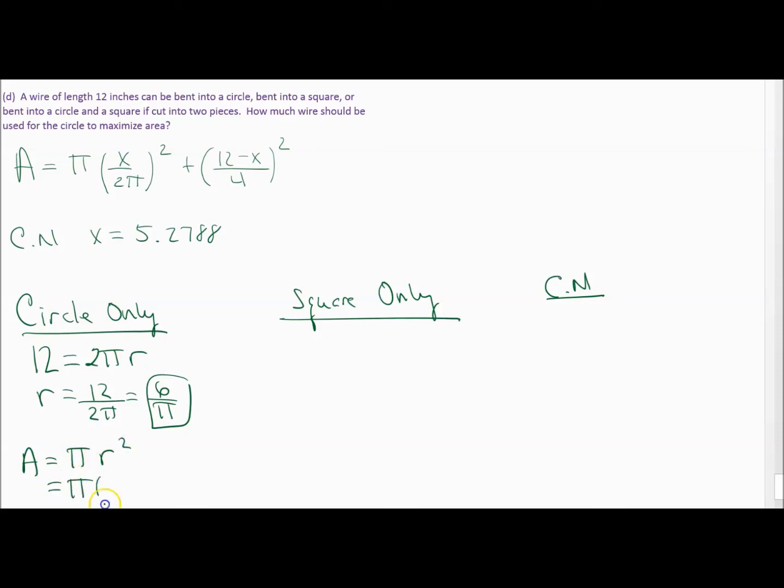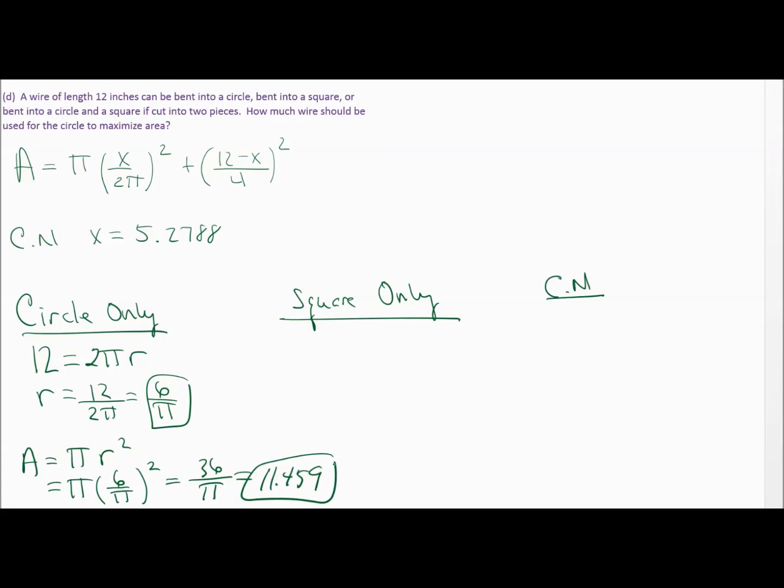So that's pi times 6 over pi, squared. When I simplify that, 6 squared is 36, and this is pi squared, but it cancels with one of those pi's. Now how big is 36 over pi? 11.459. So that's one situation.